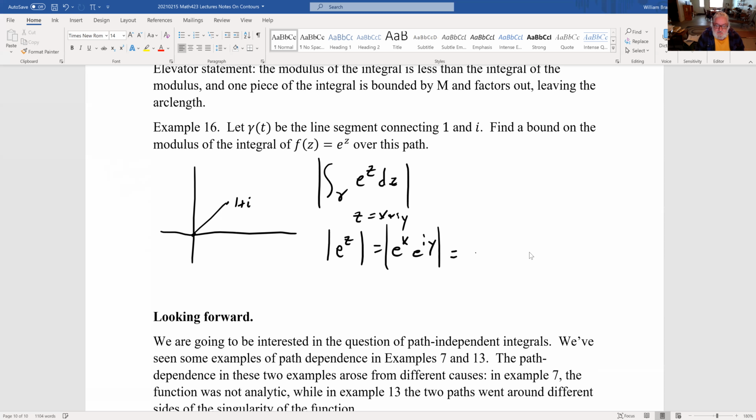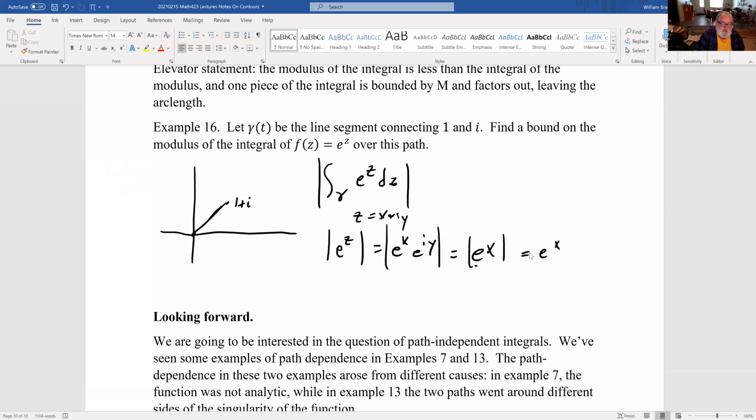Because the modulus of e to the iy is 1, we get the modulus of e to the x, but e to the x is always positive, so it's just e to the x.